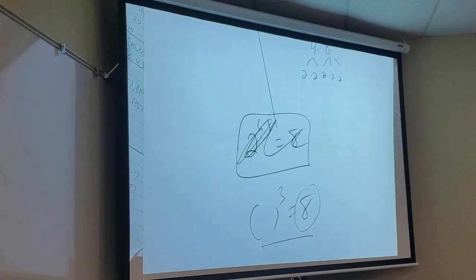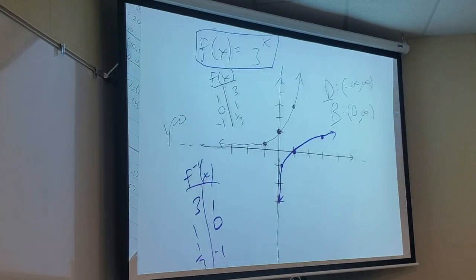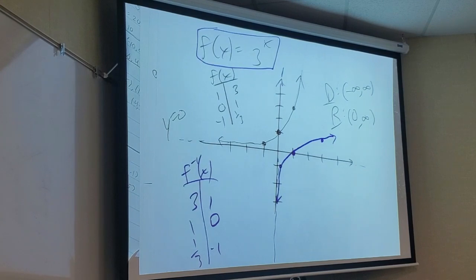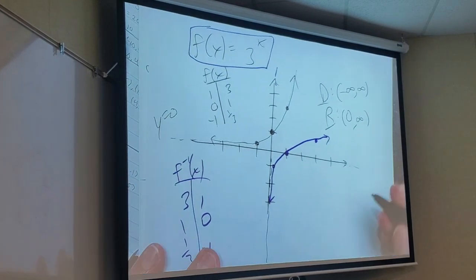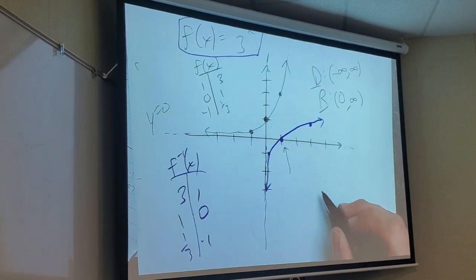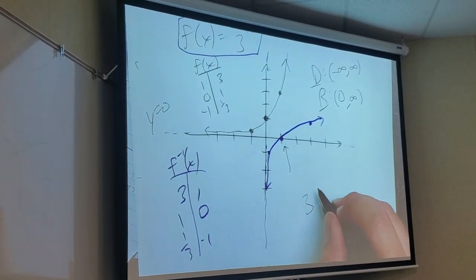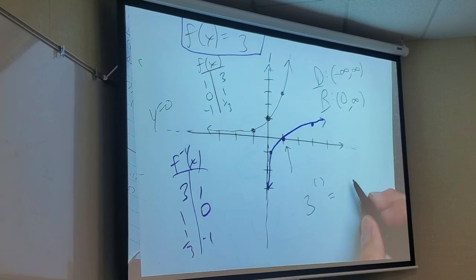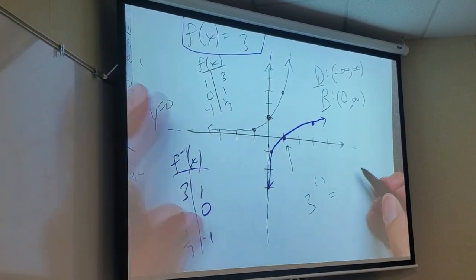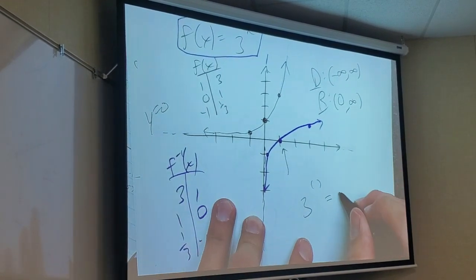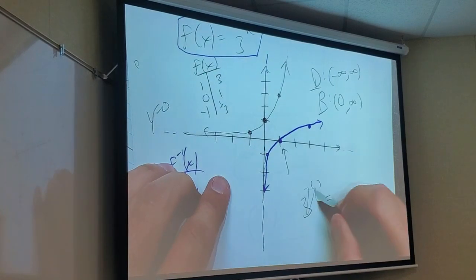Okay. So coming back to this, the symbol that we chose. For example, right here, this would be 3 to the what equals... don't overthink it, Jeff.